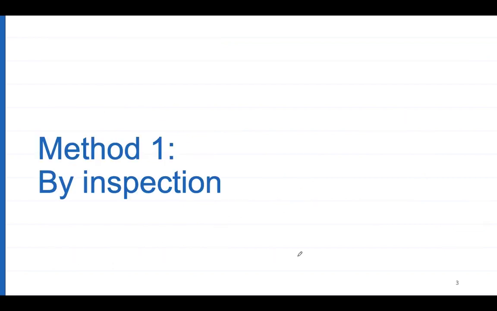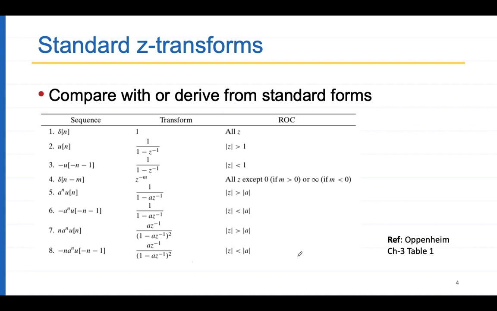So what kind of methods shall we be using in this course? Mostly they will be by inspection. What does that mean? You know the standard forms. What are the standard forms? You know delta n is 1, and delta n minus m is z to the power minus m. This is one standard form, very popular.